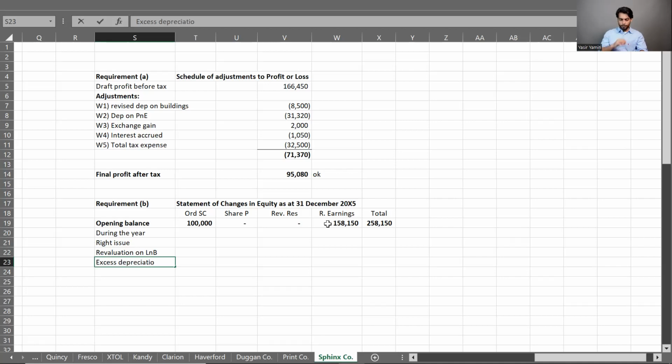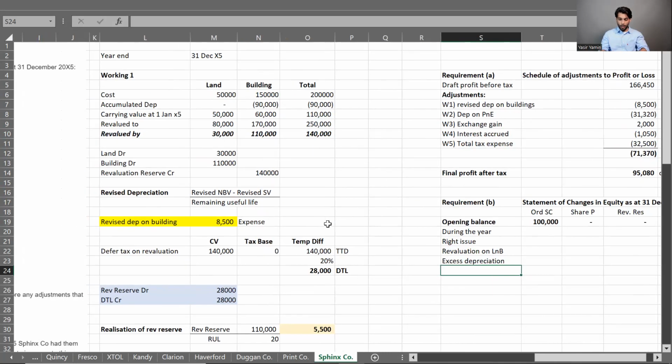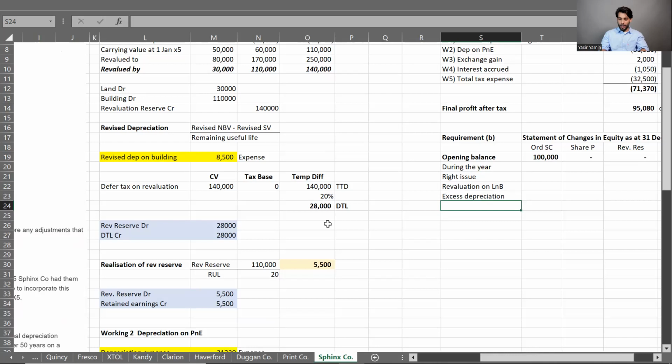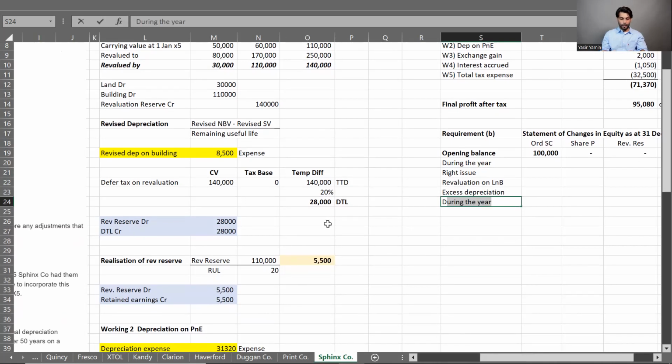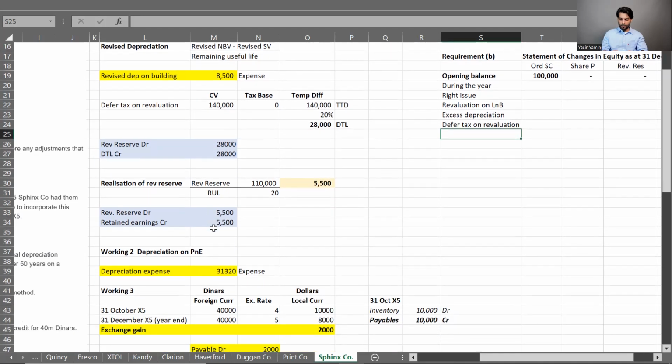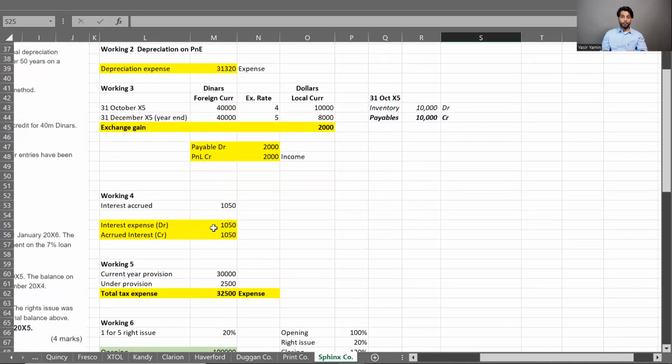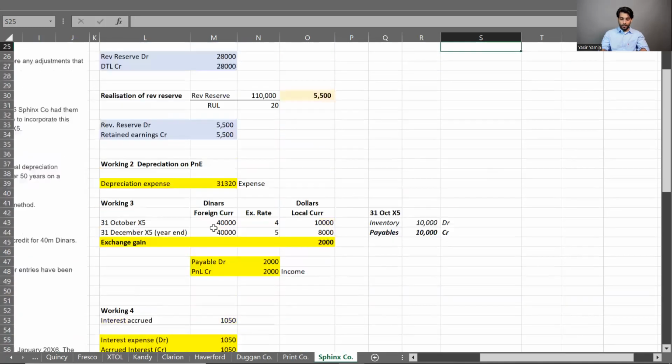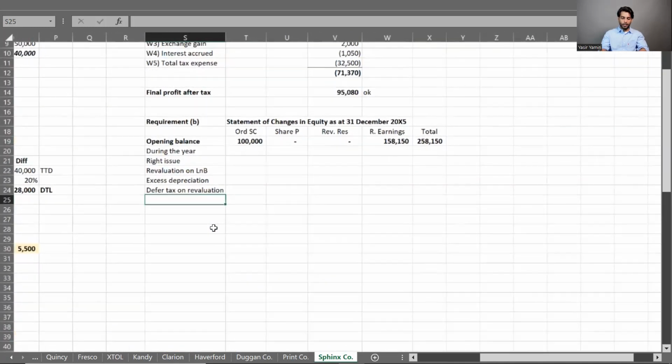And here we have deferred tax on revaluation. Excellent. Moving on. Anything related to equity? Oh yes, one very important thing, which is profit for the year. We have these adjustments to be accounted for.